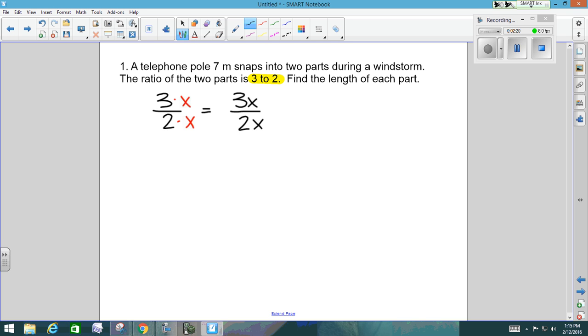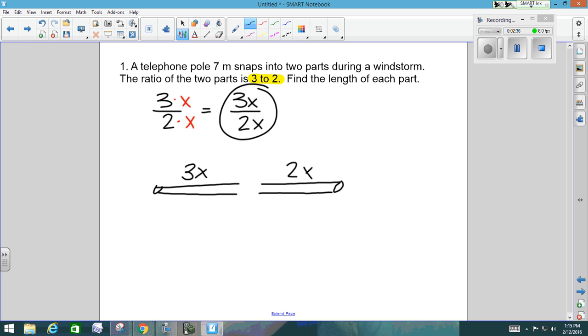So if I look here, my telephone pole is snapped into 2 parts in a ratio of 3 to 2. Well, instead of 3 to 2, I'm going to use this 3x to 2x. Okay, it's not drawn to scale. The pole is 7 meters tall.